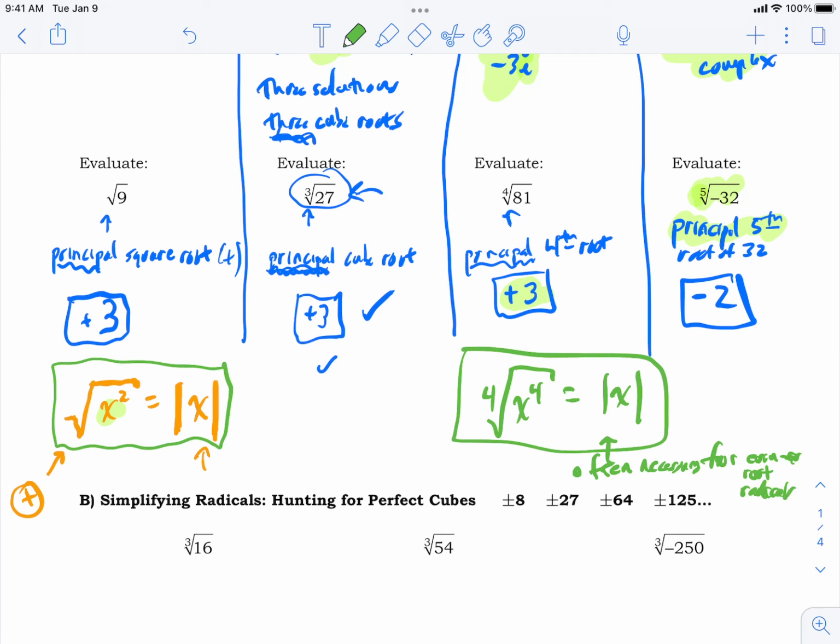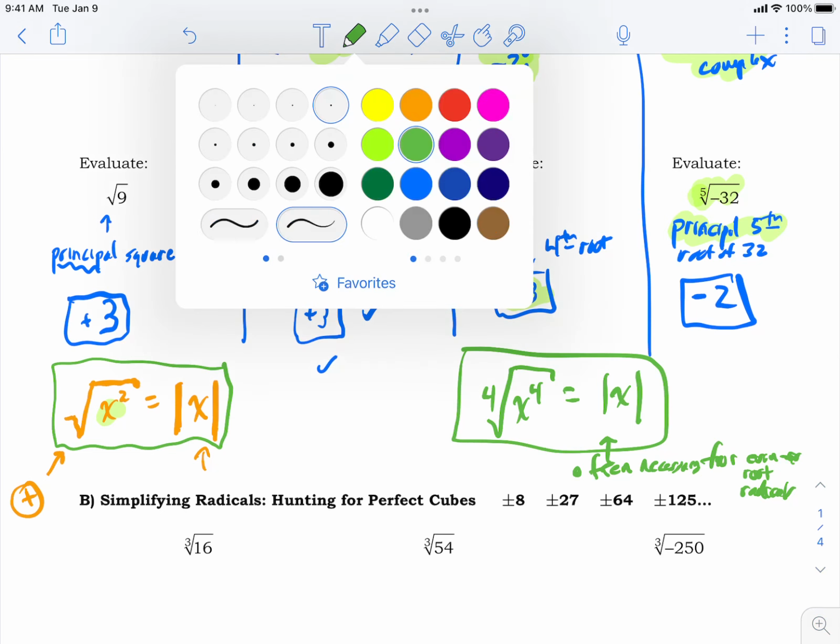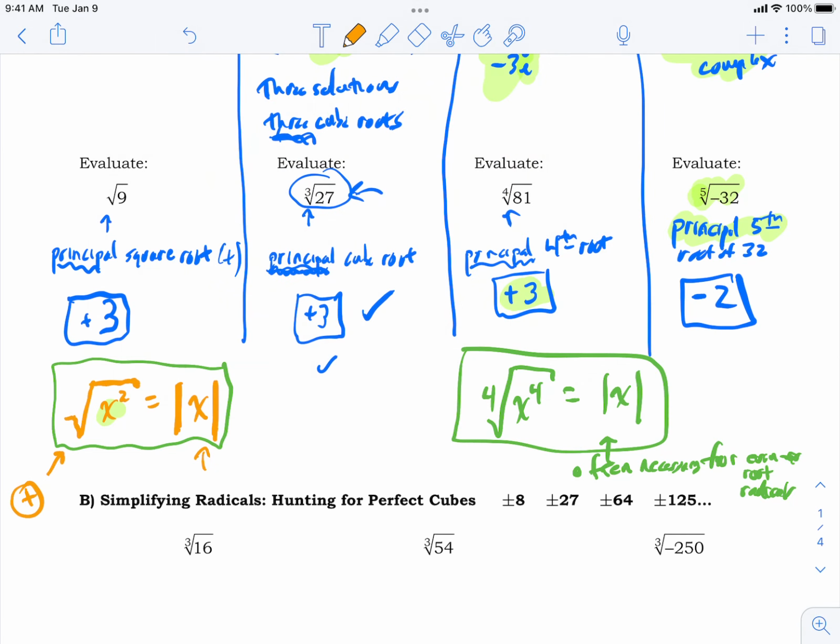Okay. It's not necessary for odd root radicals. And why not? Well, the cube root of x cubed really is x. And it doesn't matter if x is positive or negative. If x was positive 3, you'd have 3 cubed is 27, and the principal cube root of 27 is 3.